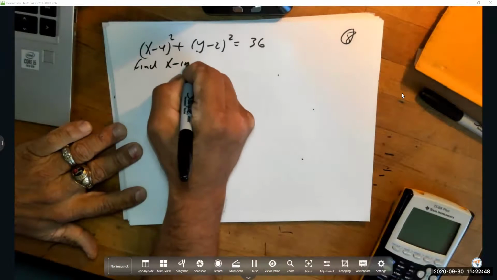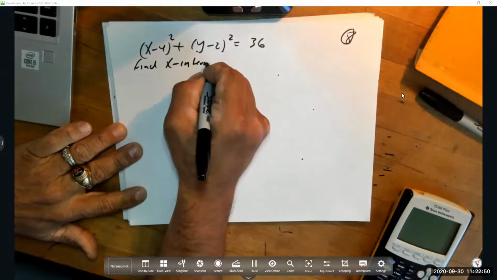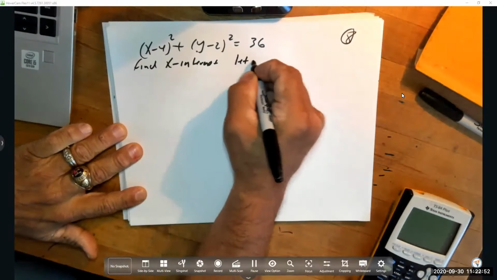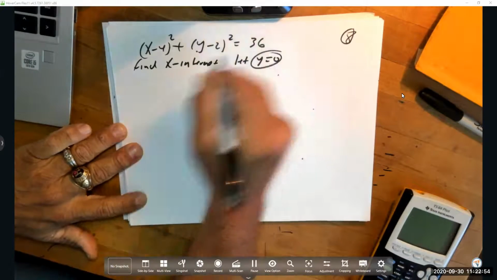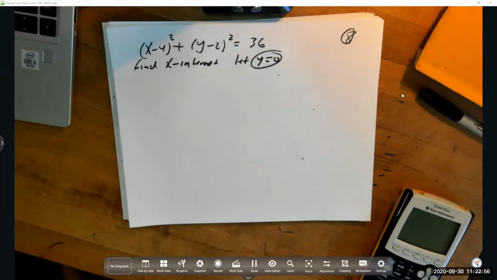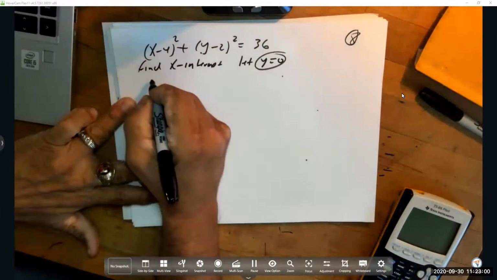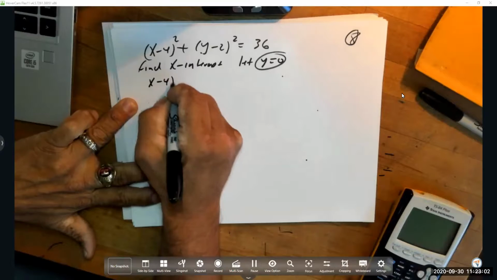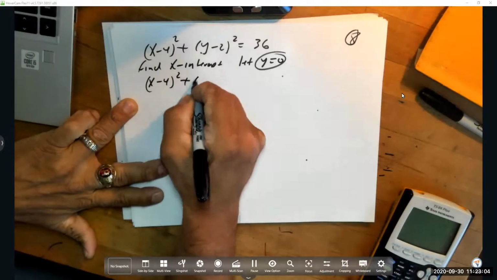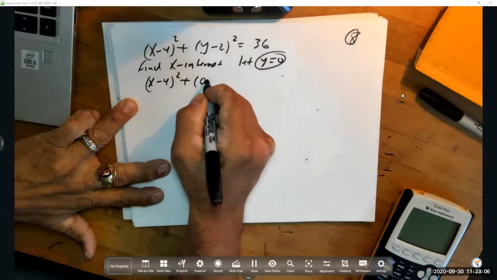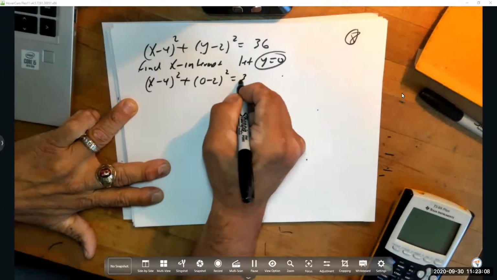Find the x-intercept, which means let y equal 0. So you're going to have (x minus 4) squared plus (0 minus 2) squared equals 36.